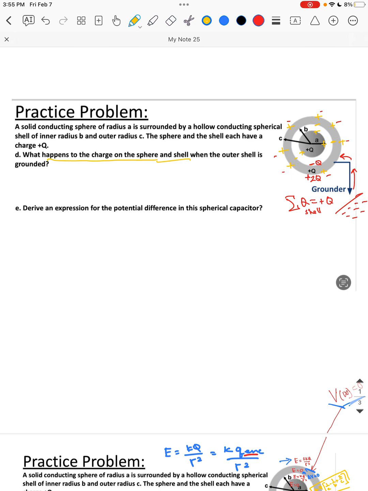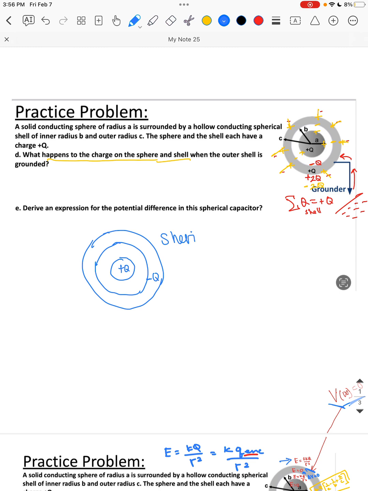So the positive 2Q will attract negative 2Q from the ground, and all of this ends up canceling out. So what do I end up having? I have a positive Q charge in the middle, and I have a negative Q in my shell. That is a spherical capacitor.